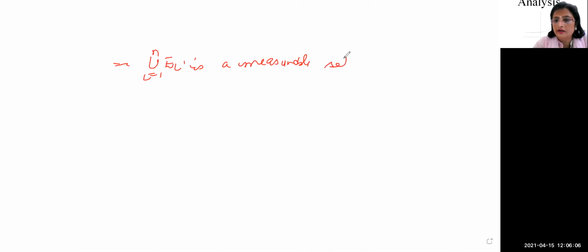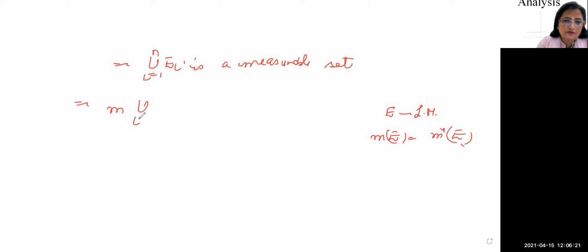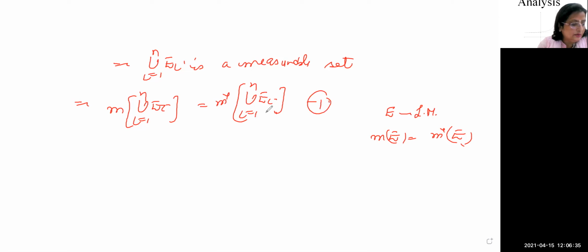We have already discussed that if E is a Lebesgue measurable set, then the measure of E is equal to the outer measure of E. Same here. It implies the measure of the union of Ei, i running from 1 to n, is equal to m star of the union of Ei, i running from 1 to n. Let it be number 1.